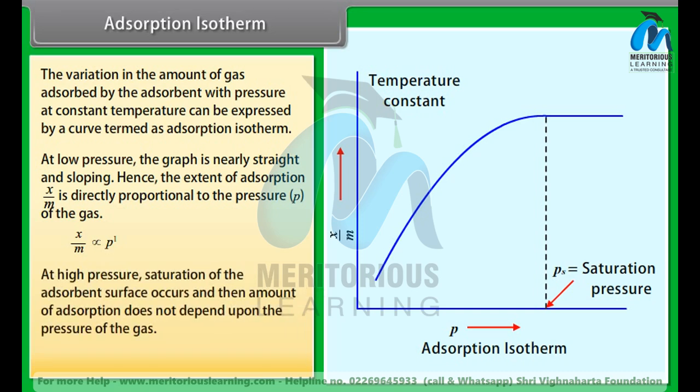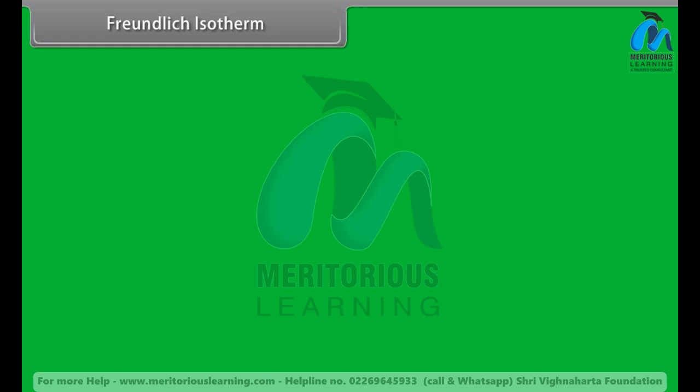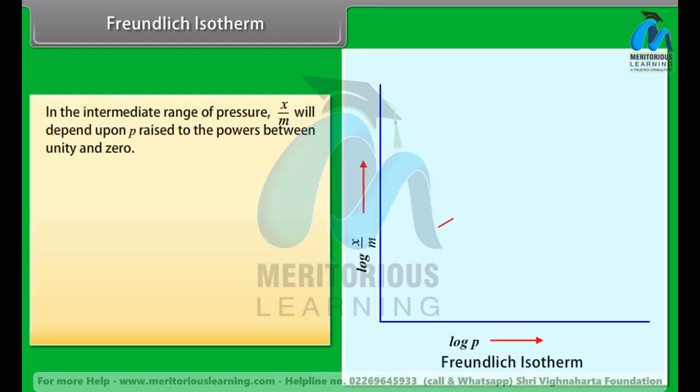At high pressure, saturation of the adsorbent surface occurs, and then the amount of adsorption does not depend upon the pressure of the gas. This can be expressed as x/m ∝ P^0. Freundlich isotherm. In the intermediate range of pressure, x/m will depend upon P raised to powers between unity and 0.